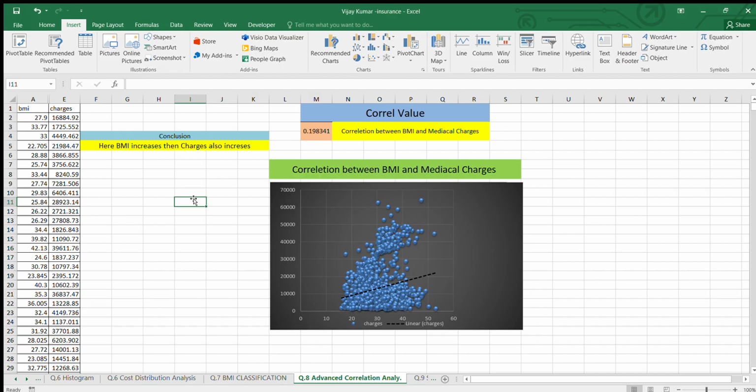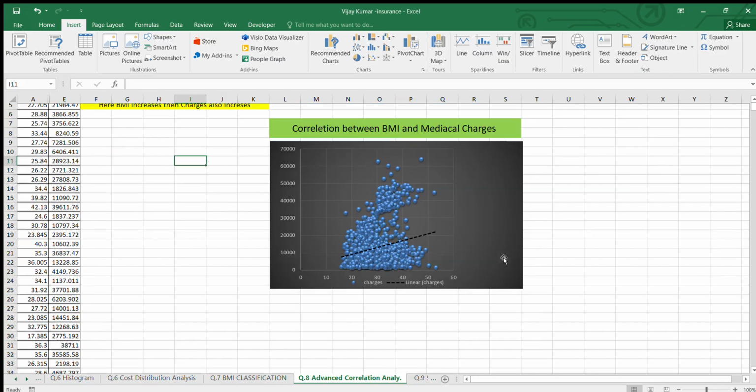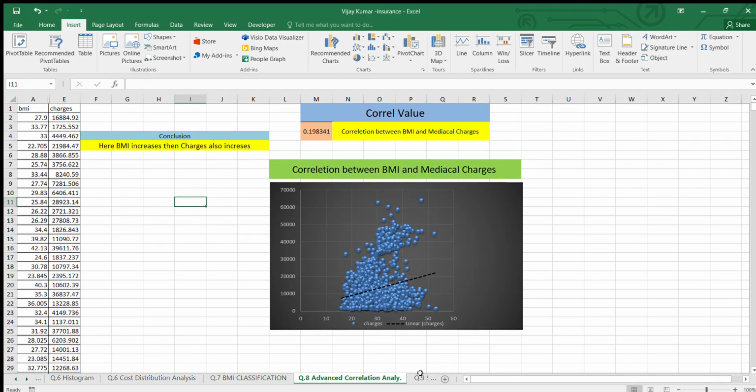Actually we have to get the correlation between the linear charges and charges. The trend line depends on the scatter plot. So it is showing that when we increase the value of one, the linear charges are also increasing.